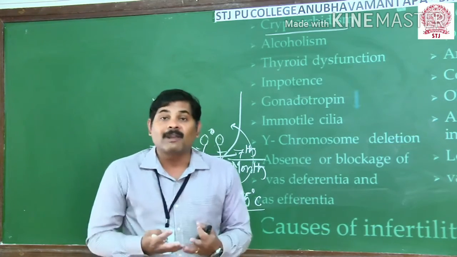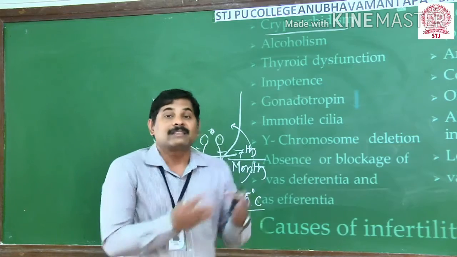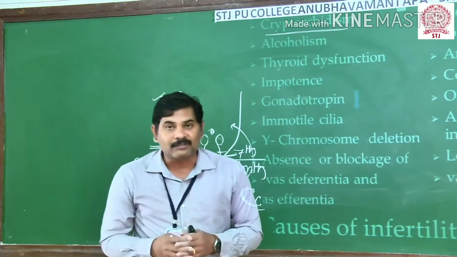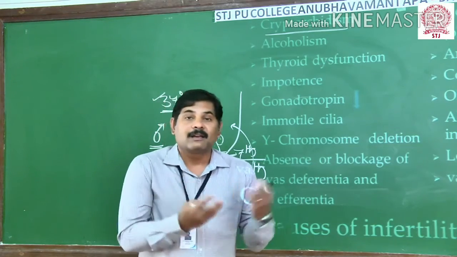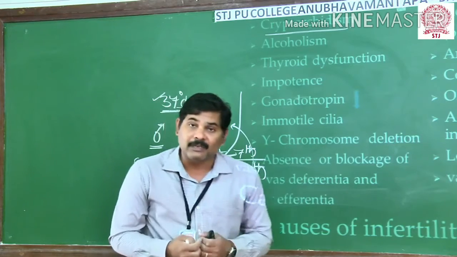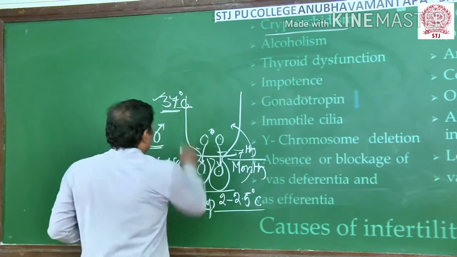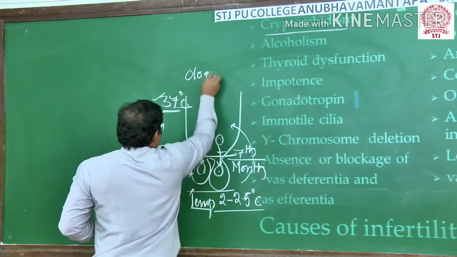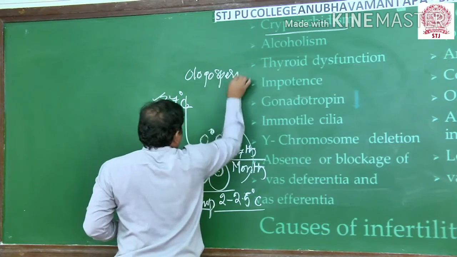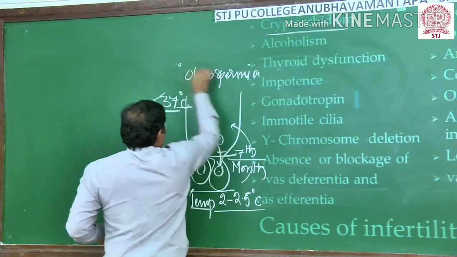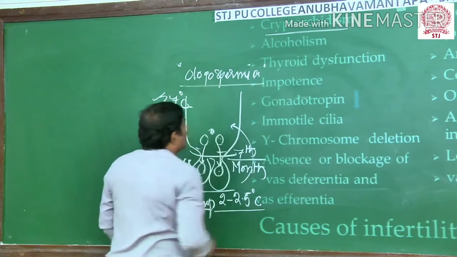So sperm will not be produced, and since there are no sperms, there is no chance of producing babies. So it leads to infertility. And this condition leads to another problem known as oligospermia. What is meant by oligospermia?